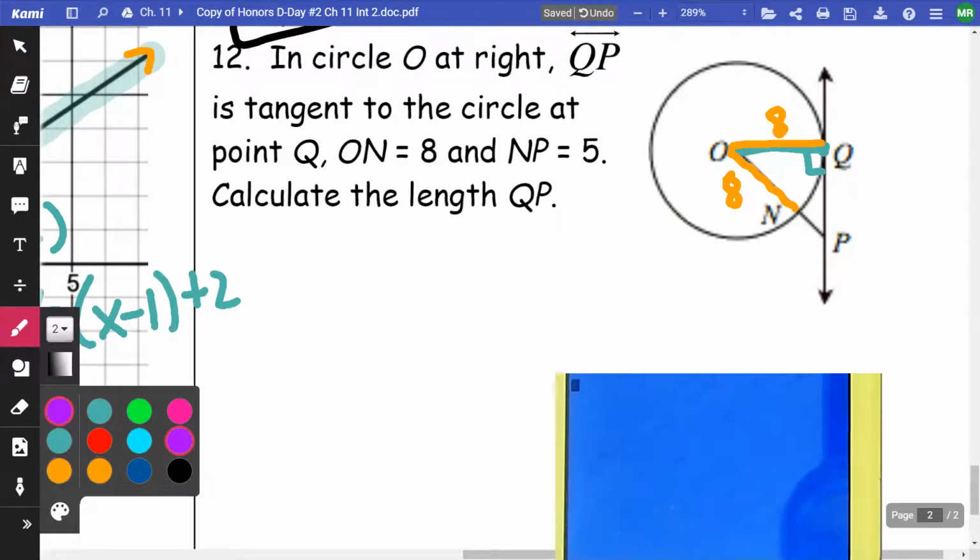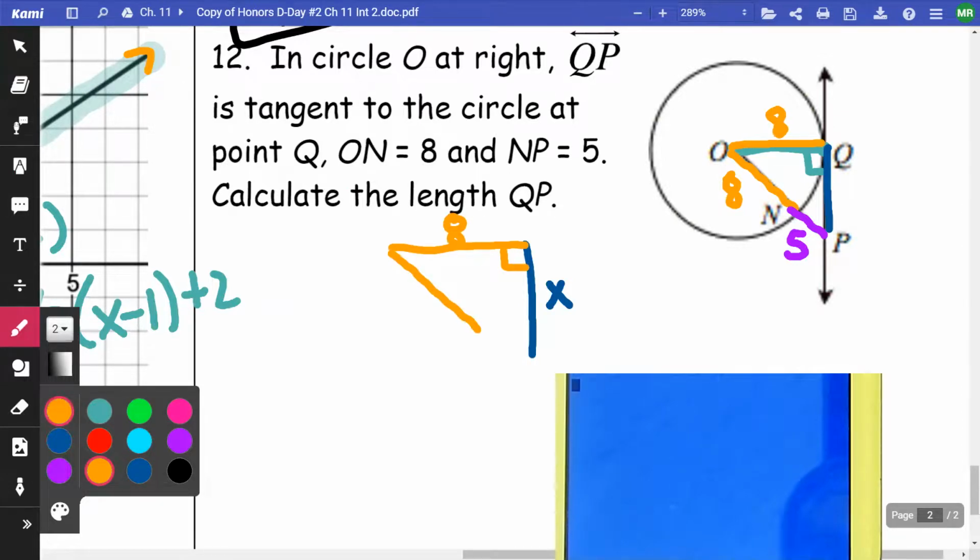I know that NP is 5. And I want to find QP. So don't know this, just going to call it X. Going out this way, I know that this is 8. And then going this way, this is also 8. And then the rest of that to here is 5.